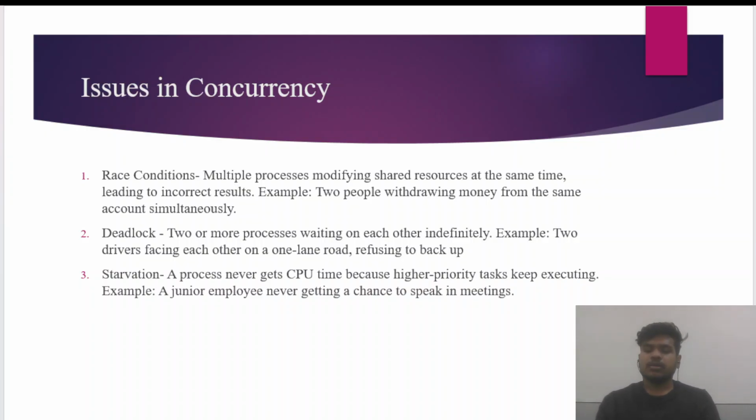Let us take a real world example. In a bakery, the baker, who is the producer, makes bread and places it on a shelf. There are three things: the baker, the shelf, and the customer. The baker produces the bread and places it on the shelf. The customer takes the bread from the shelf.